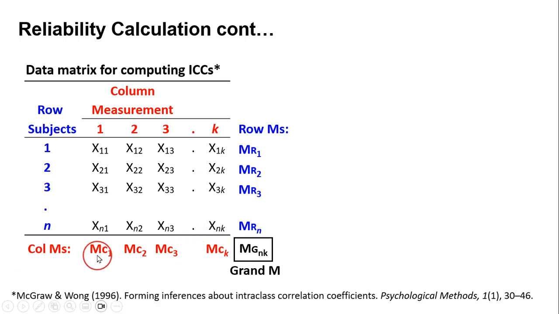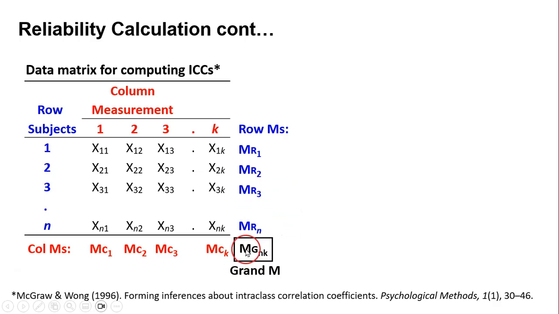So if you took these 3 values here, for example, mean of column 1, mean of column 2, mean of column 3, if you just had 3 time points, and added those up and divided by 3, you would get the grand mean, or the mean of the means for the entire data set. If you did the same thing with the rows, mean of row 1, mean of row 2, and mean of row 3, added those up and divided by 3 in this case, you would get the same value.